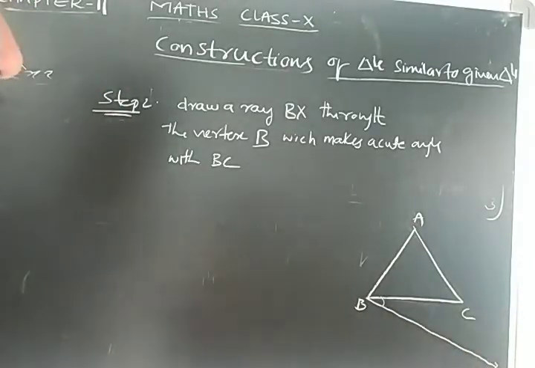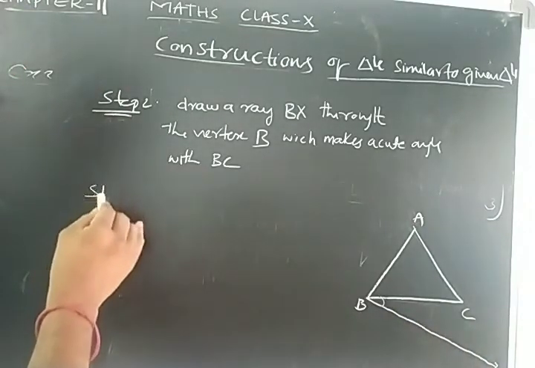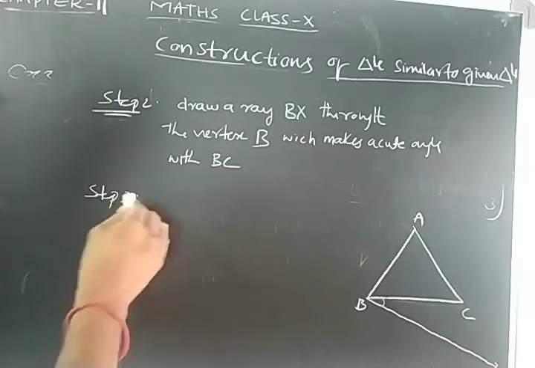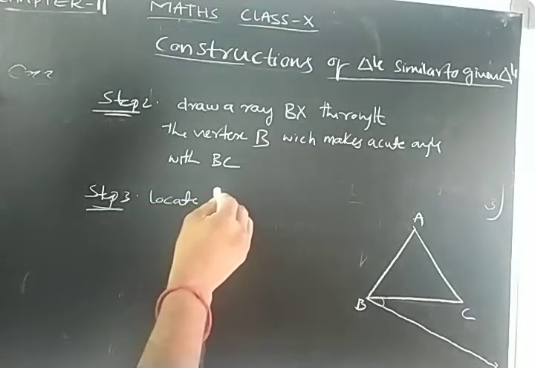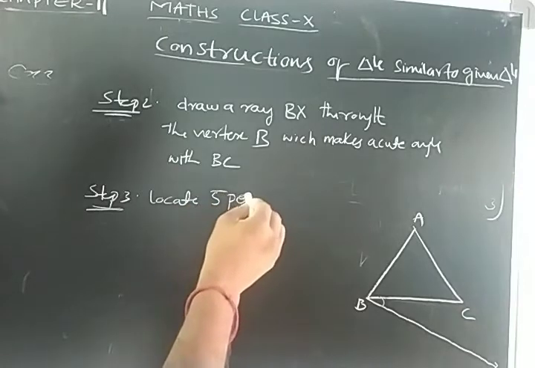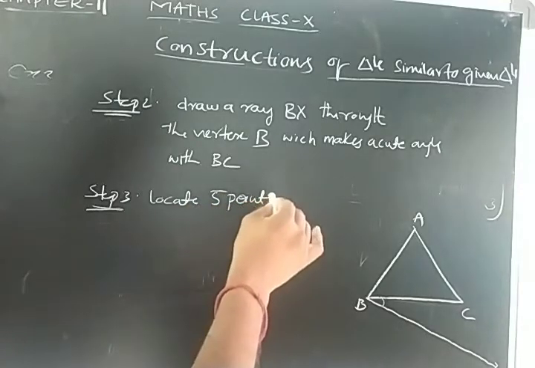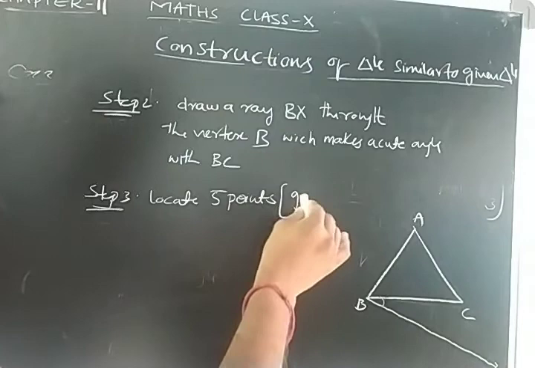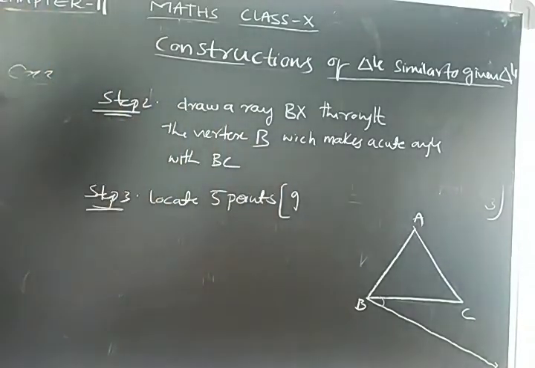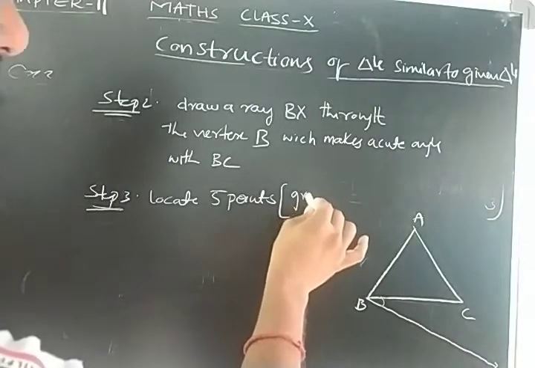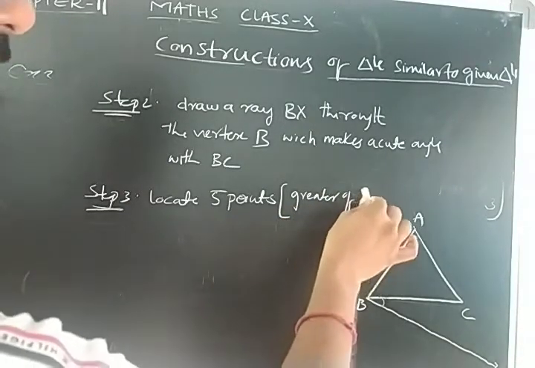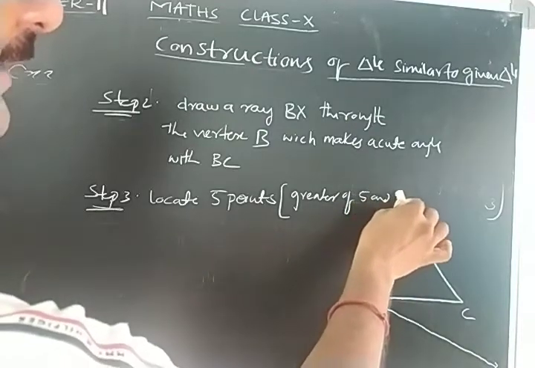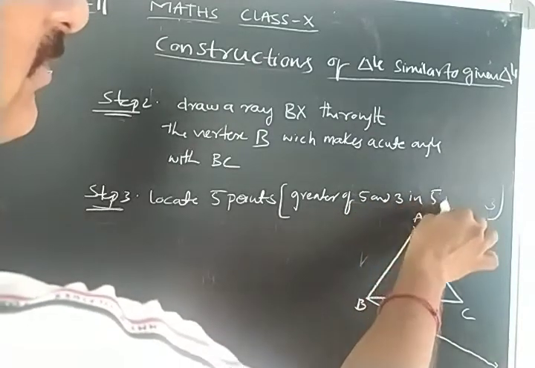Now after drawing the ray BX, go to step 3: locate 5 points. Why 5 points? Because what is the scalar factor? 5 by 3. We have to take the greater number of the numerator and denominator in 5 by 3.